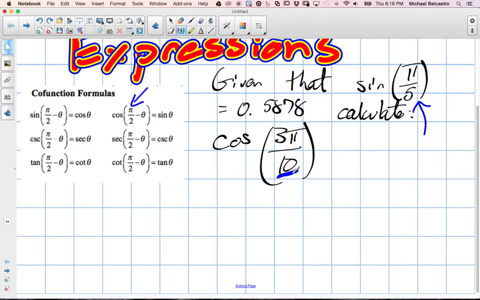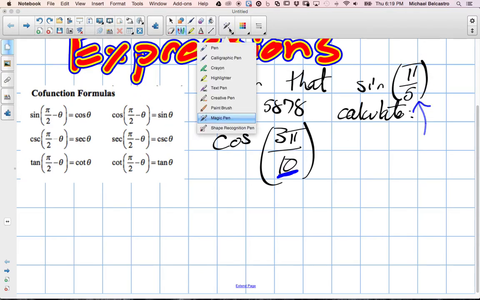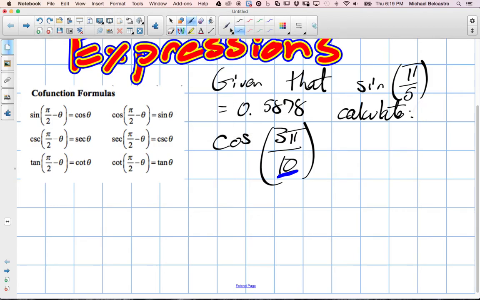In this case, we're dealing with a denominator of 10. So let's write it over here: 2 pi over 10 is the equivalent of this value also. So this might be a number we want to use when we're taking 2 terms that will equal this.